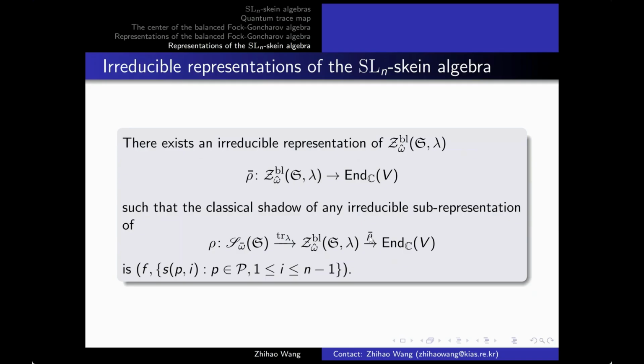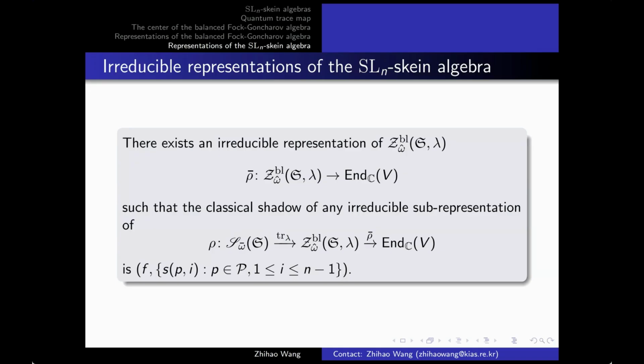We just pull back the rho bar to the SL skein algebra using the quantization map. So then rho is a representation of the SL skein algebra. And this theorem says that the classical shadow of any irreducible sub-representation of this rho is this guy. So now we can find such an irreducible representation.